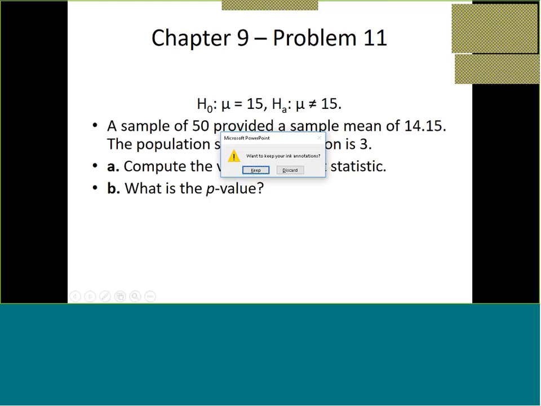So p-value is twice of probability of z less than or equal to minus 2. This is the thing. Now, how do you calculate this number? So, you have to see the normal tables.